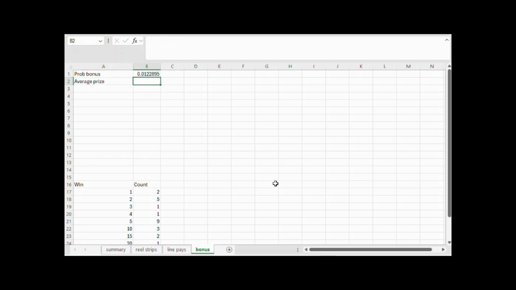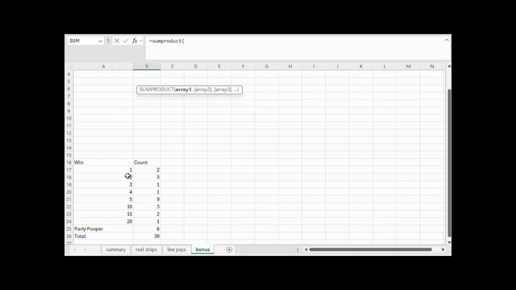Okay, how about the average prize? And I'm not going to count the party poopers. In other words, if the player does not get a party pooper, what is the average prize? For that, we can use the sum product function, which in mathematical terms is the same thing as the dot product. I take the array of wins and then the array of how often they appear.